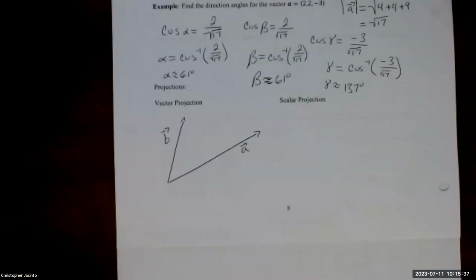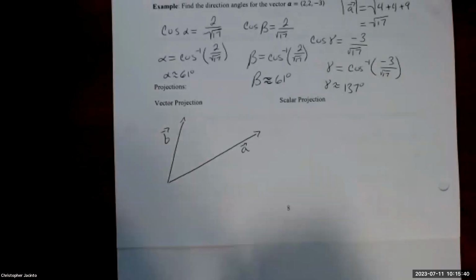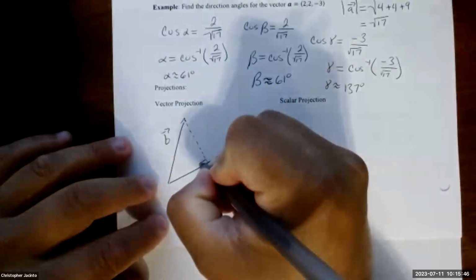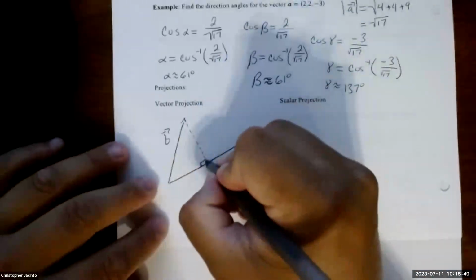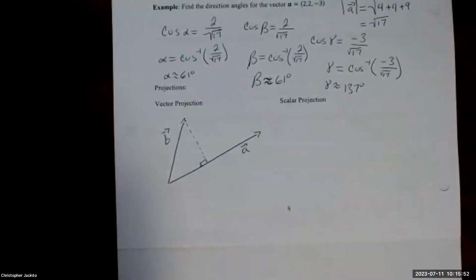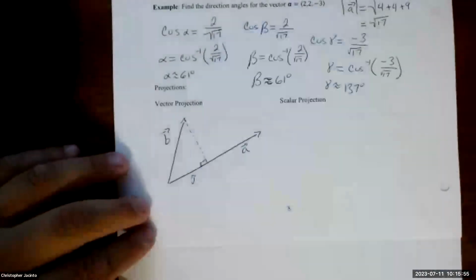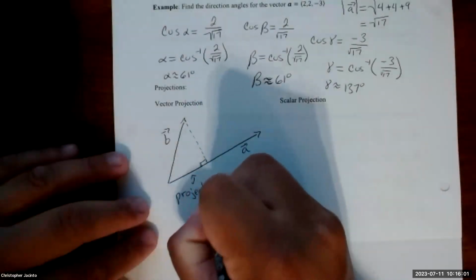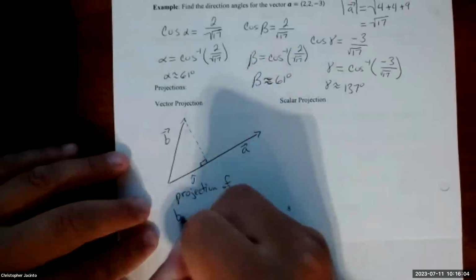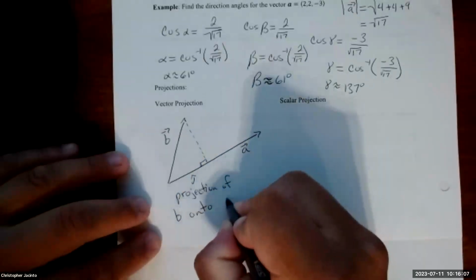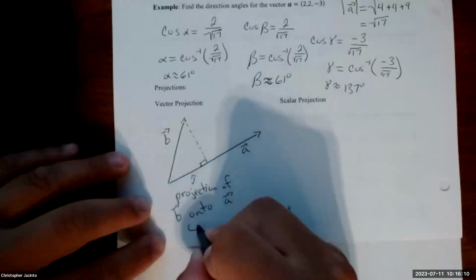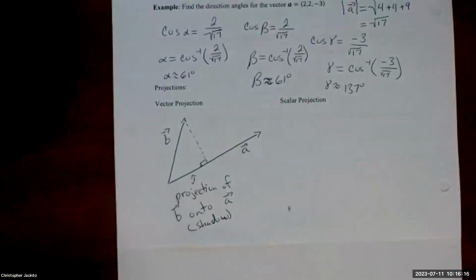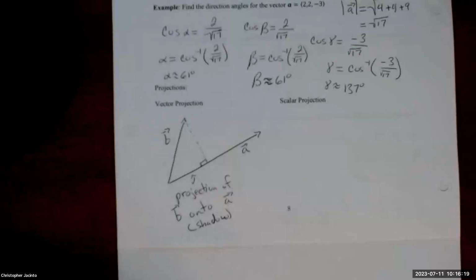A vector projection basically means I make a perpendicular line from its terminal point down to A itself. This is what's called a projection. You can think of it as a shadow: what does the shadow make onto A?